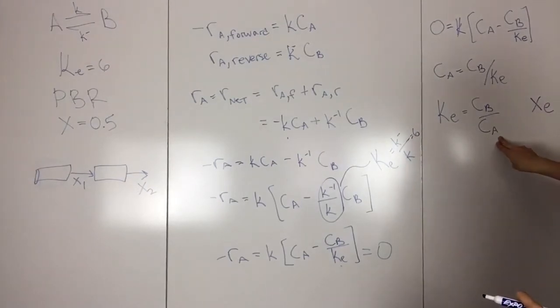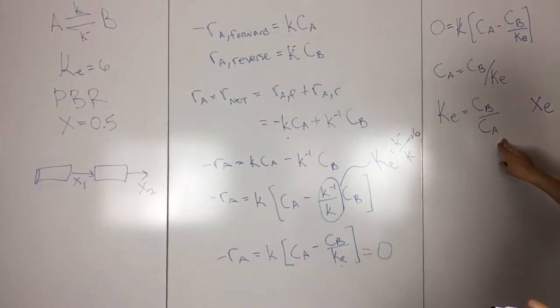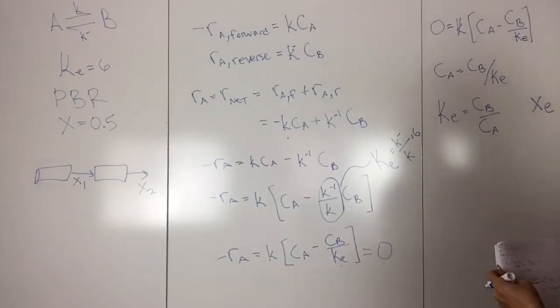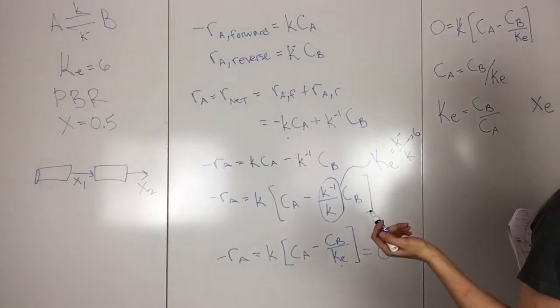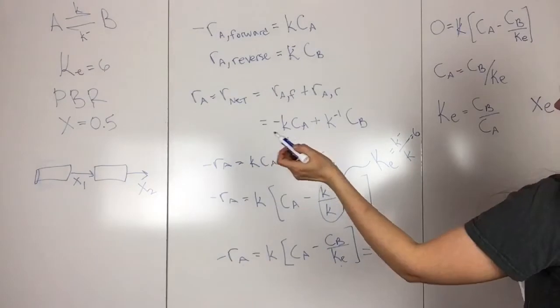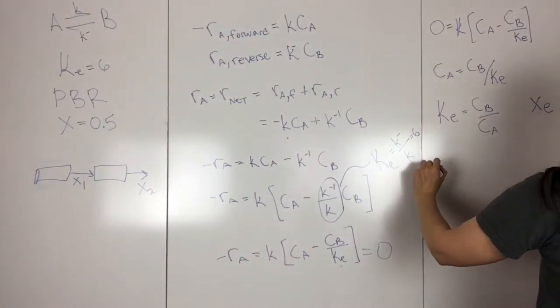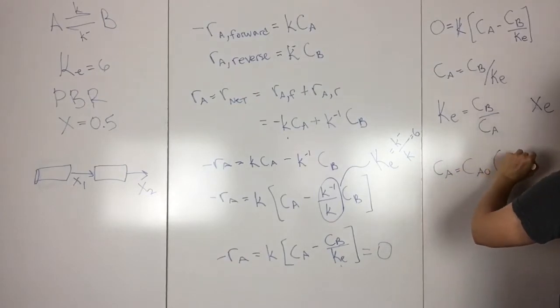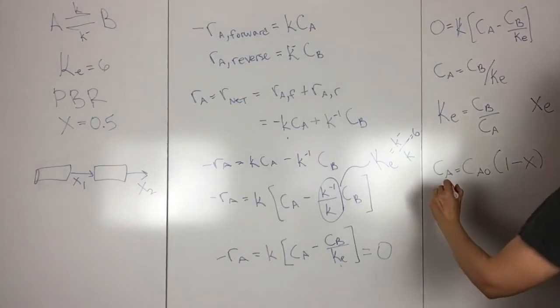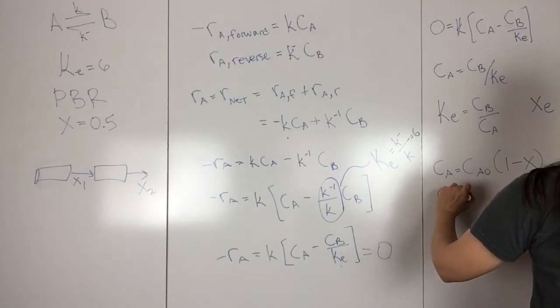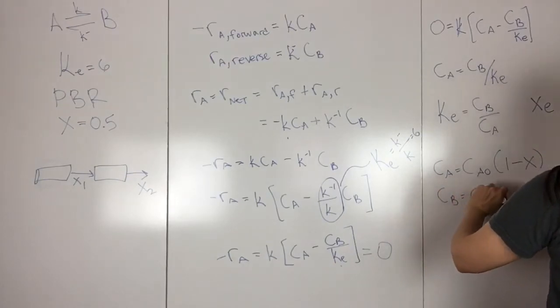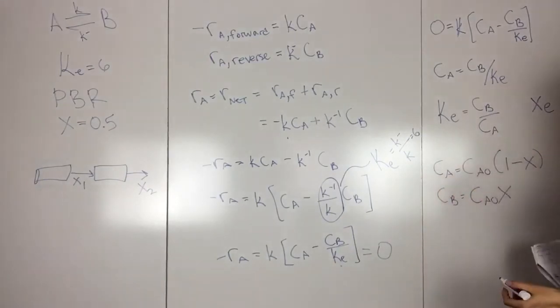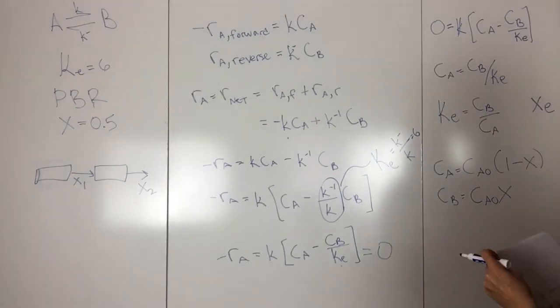We need to write CA and CB in terms of conversion X, so then we can solve the equation for X. Doing the stoichiometry, we know that CA is equal to CA0 times 1 minus X, and CB is equal to CA0 times X. This is assuming no volume change.